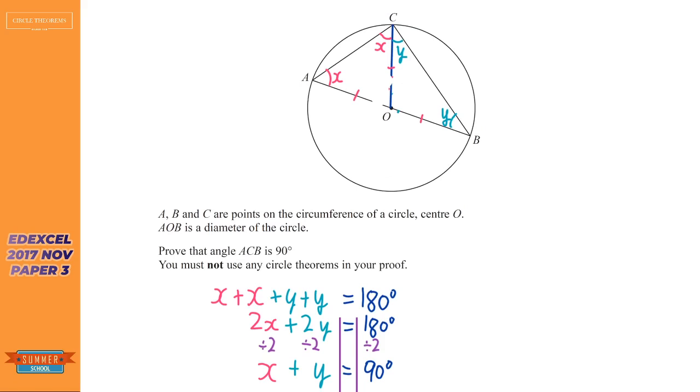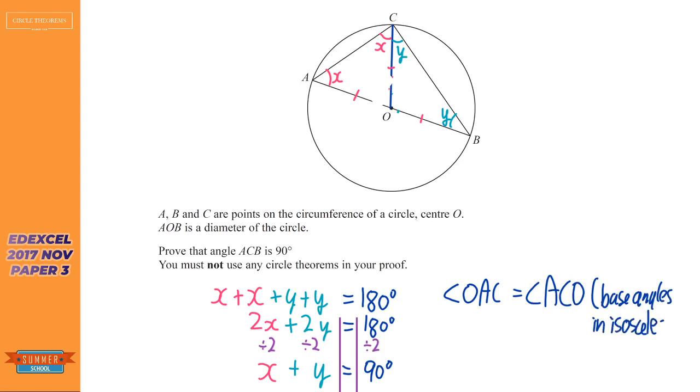Well, I would say something like angle OAC equals angle ACO, base angles in isosceles triangle are equal, and I'd probably include angle OCB equals angle CBO in that.